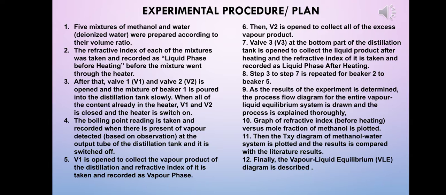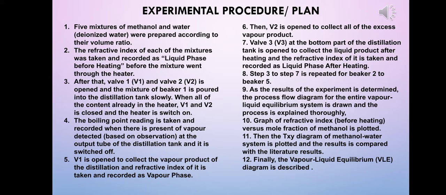Now the steps from 3 to 7 are repeated for beaker 2 to beaker 5 to have multiple results to compare. As the results of the experiment are determined, the process flow diagram for the entire vapor-liquid equilibrium system is drawn, and the process is explained thoroughly. The graph of the refractive index before heating versus the mole fraction of methanol is plotted.